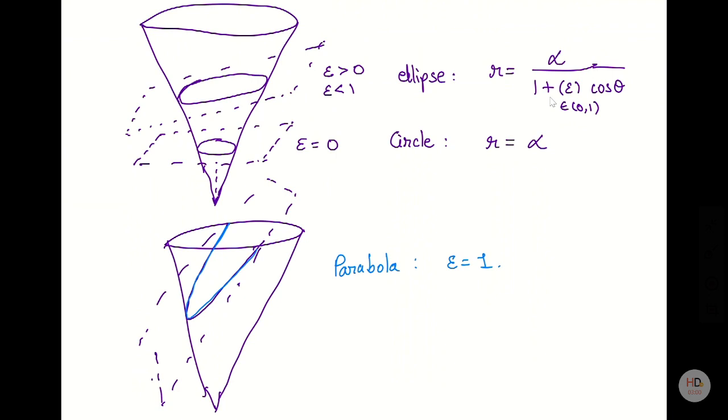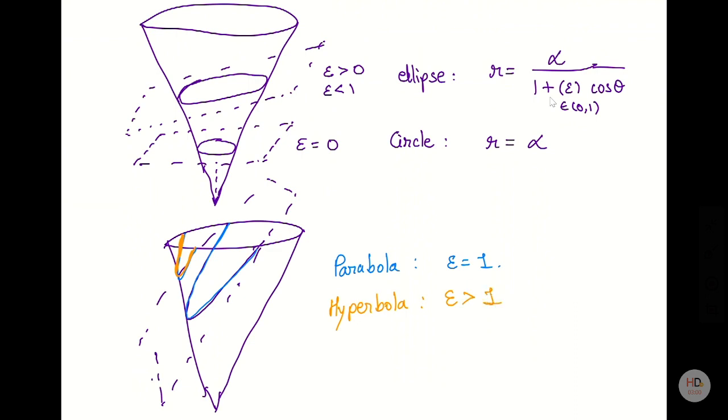And if you have an even higher angle, then what you get, let me use another color, orange, is a hyperbola. So that's why they are called conic sections.